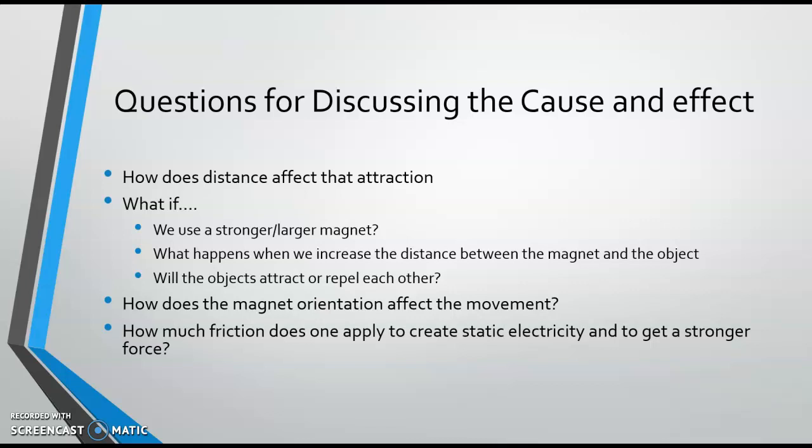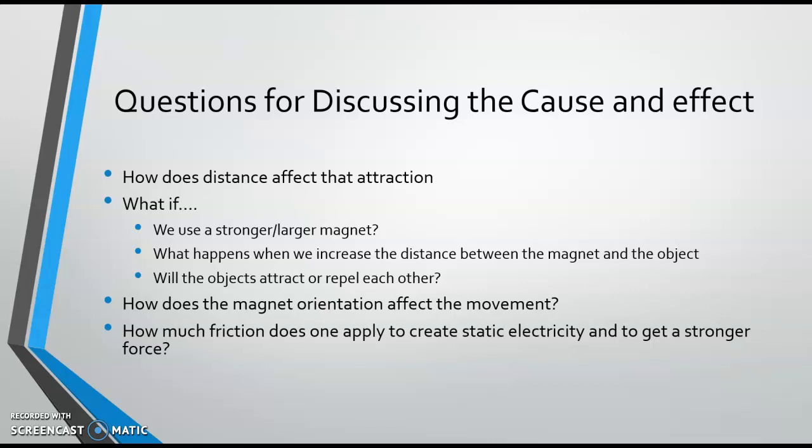What would happen? And also remembering, not everything is magnetic. We only have certain things that attract. What happens when we increase the distance between the magnet and the object? Is it going to still have that chance to go ahead and attract or repulse? And what will the objects attract or repel from?